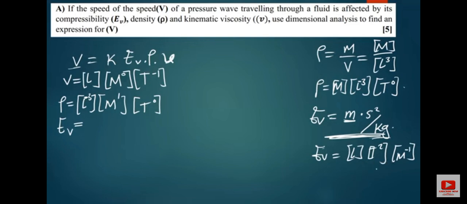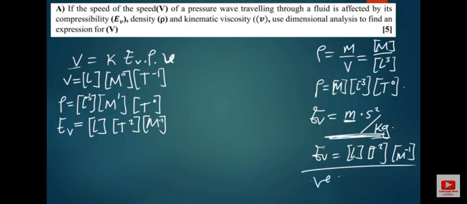So these are the dimensions for compressibility: L, t to the power 2, and m to the power -1. We also have kinematic viscosity. The dimensions for kinematic viscosity, we know its units are meters squared per second.